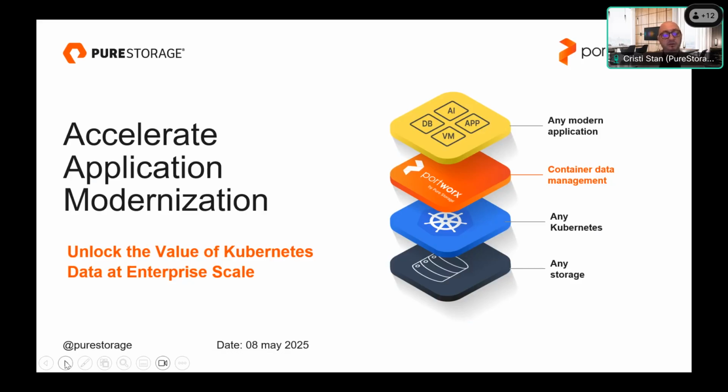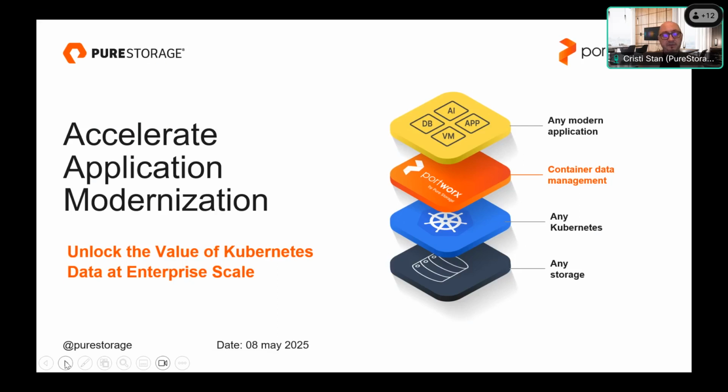So we are calling it a data availability platform for Kubernetes. And what does that mean? Meaning that, well, besides the persistent storage part, we can do more than that. We can do, as I mentioned, data availability. We can do disaster recovery. We can do resiliency. We can do high availability at the cluster level. We can do security.